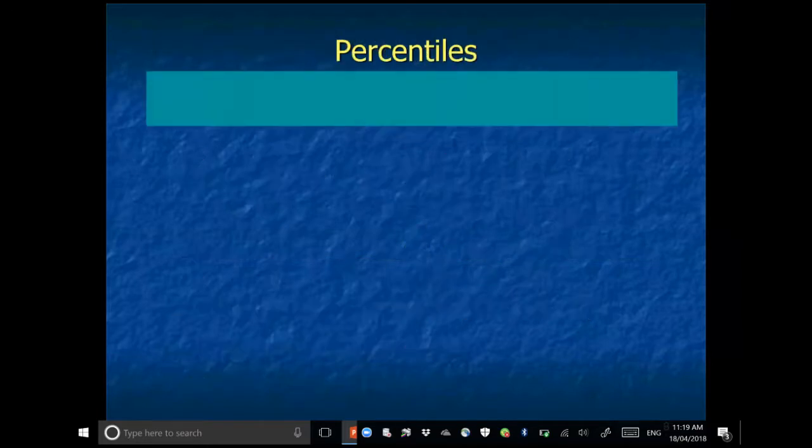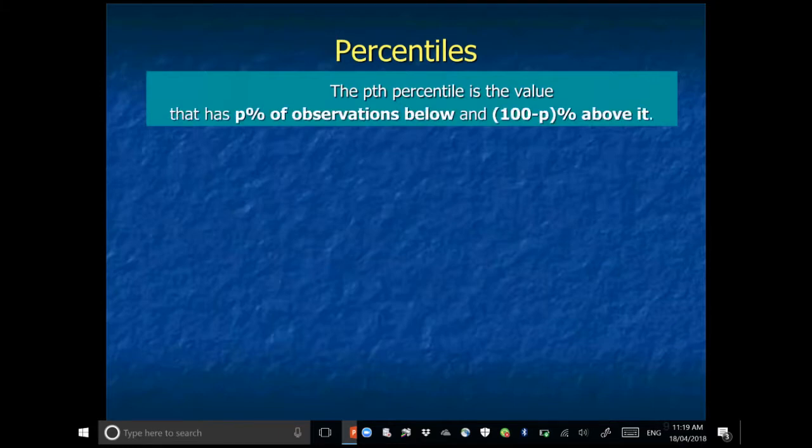The other ways of expressing dispersion could be percentiles. Percentiles is something you will often come across, for example, in standardized tests like GMAT. They award you not a percentage of marks, but they tell you what's the percentile.